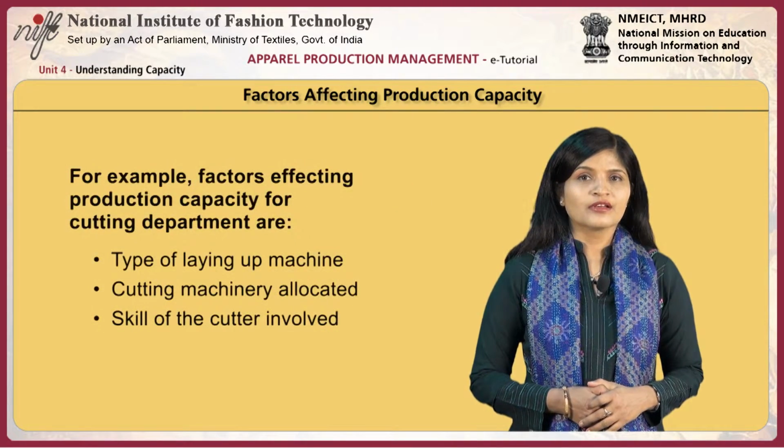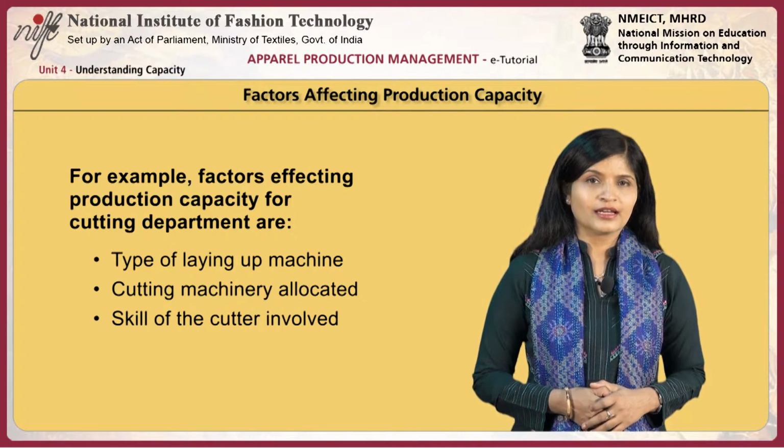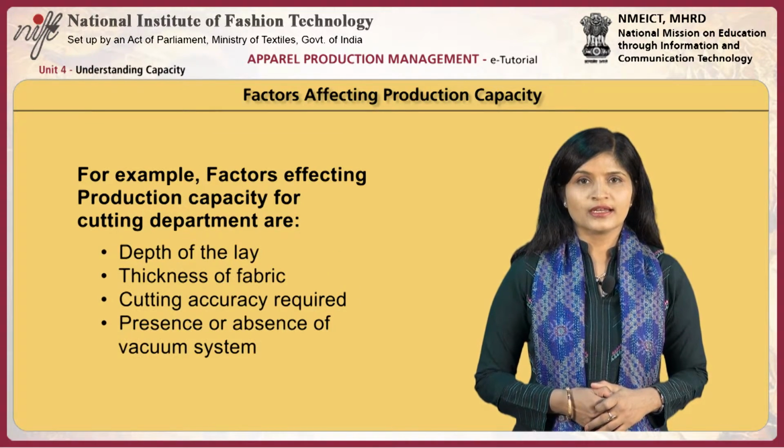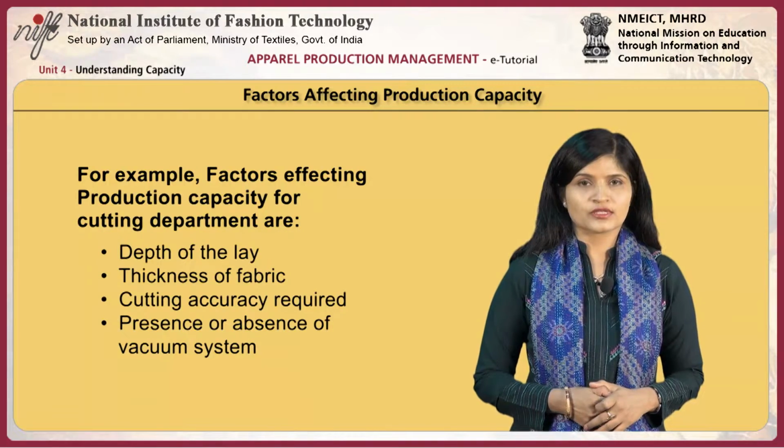For example, factors affecting production capacity for the cutting department are type of laying up machine, cutting machinery allocated, skill of cutter involved, depth of the lay, thickness of the fabric, cutting accuracy required and presence or absence of vacuum system, etc.